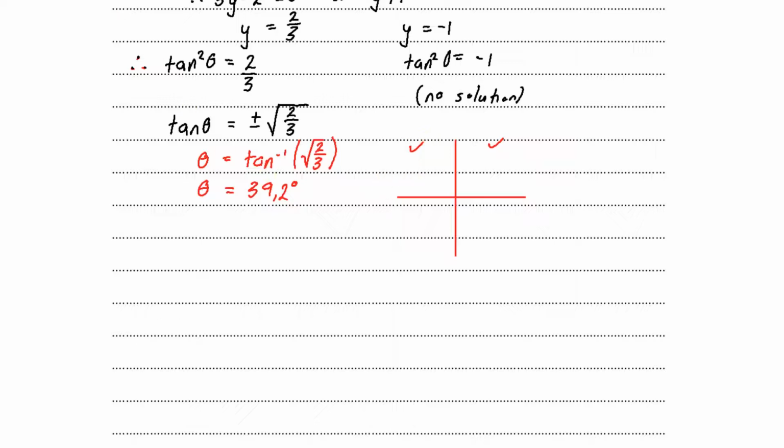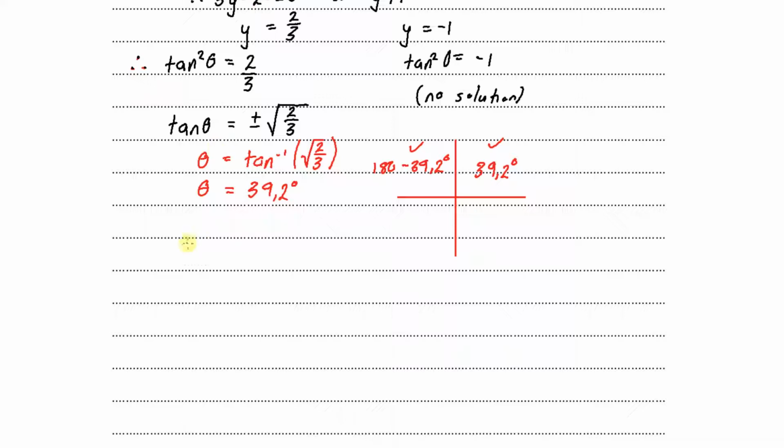In the first quadrant, theta is going to have a value of 39.2 degrees, and in the second quadrant, theta is going to have a value of 180 minus 39.2.